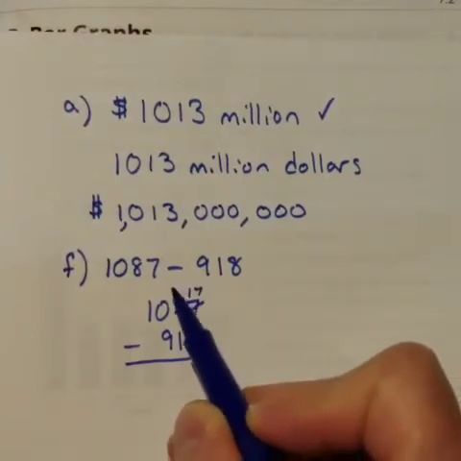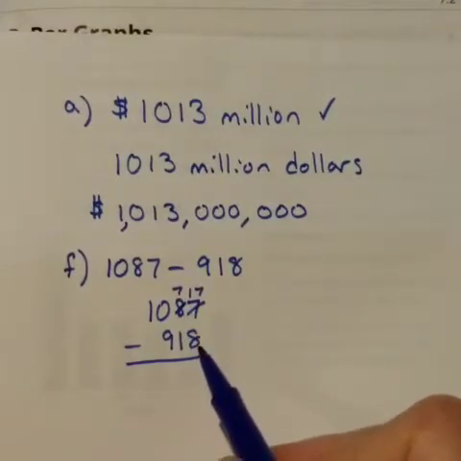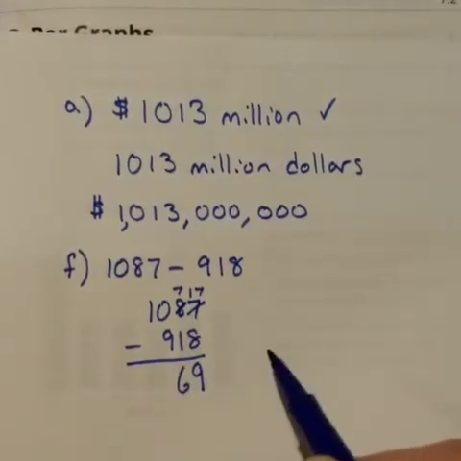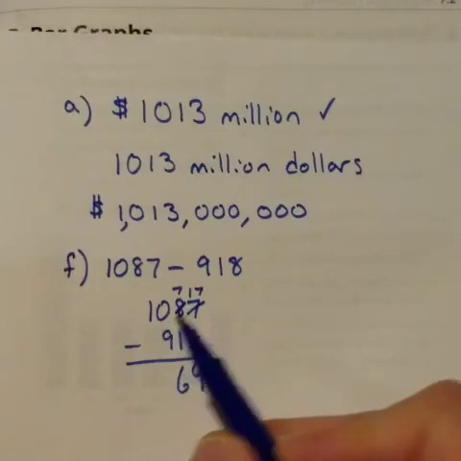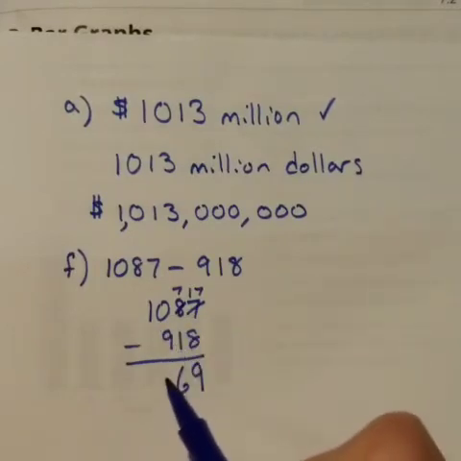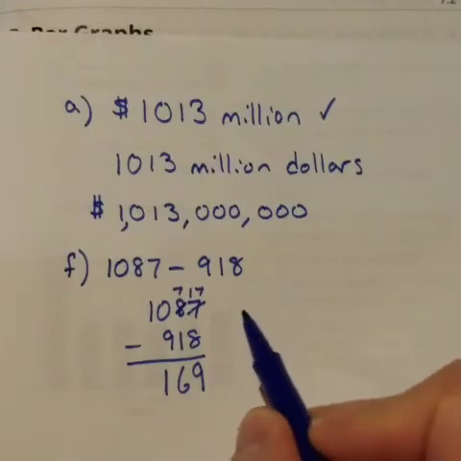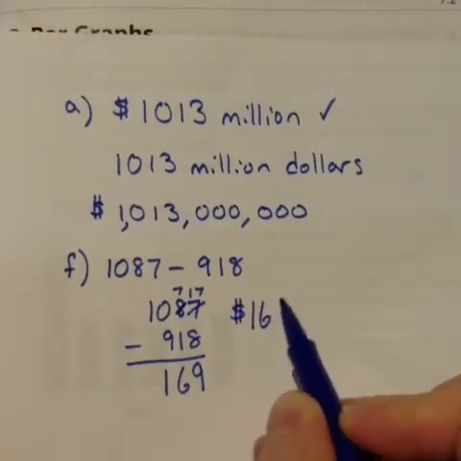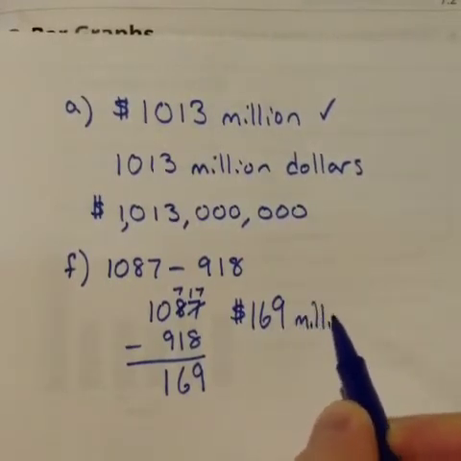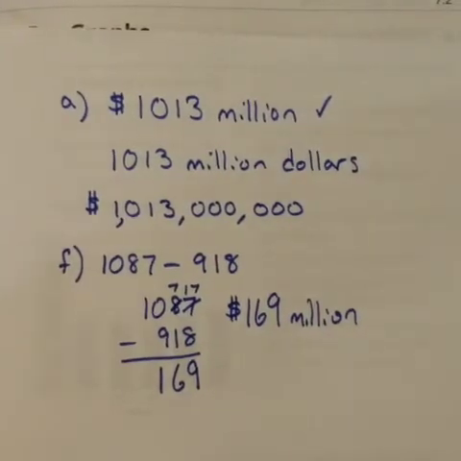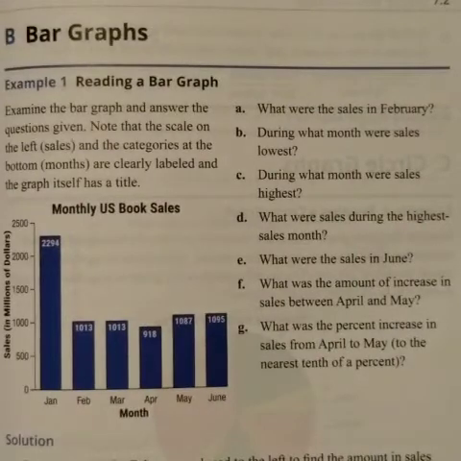When I borrow, 8 becomes 7. 17 minus 8 is 9. 7 minus 1 is 6. And let's see, yeah, 10 minus 9 would give me a 1, so $169 million. Okay, so $169 million is the increase from April to May.